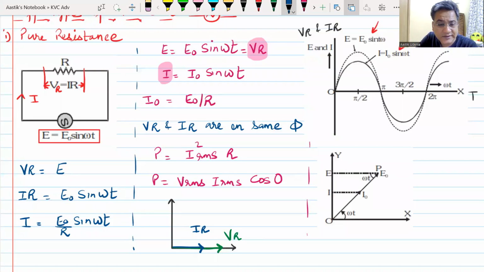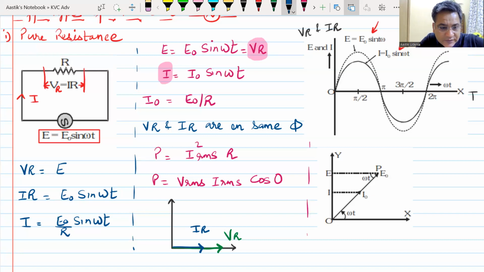This was the case of pure resistance. Let us now move on to the next circuit. Which one should be the next circuit that we should deal with?